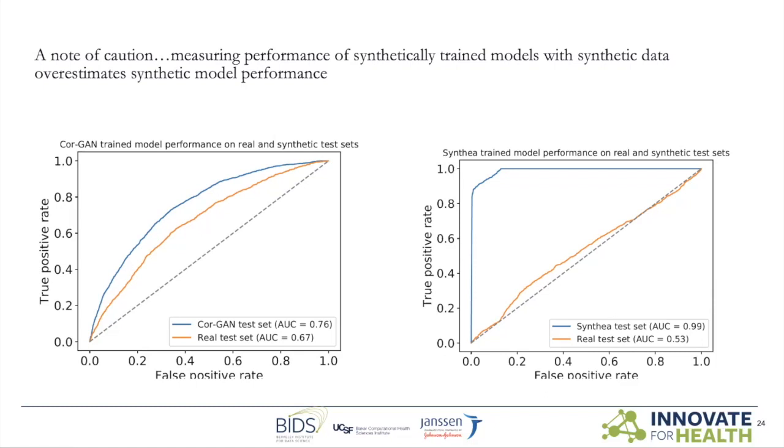This is not so much of an issue for Synthea since it's using summary statistics that are publicly available, but this is definitely an area of concern for models like CorGAN, which are trained on record level EHR data.